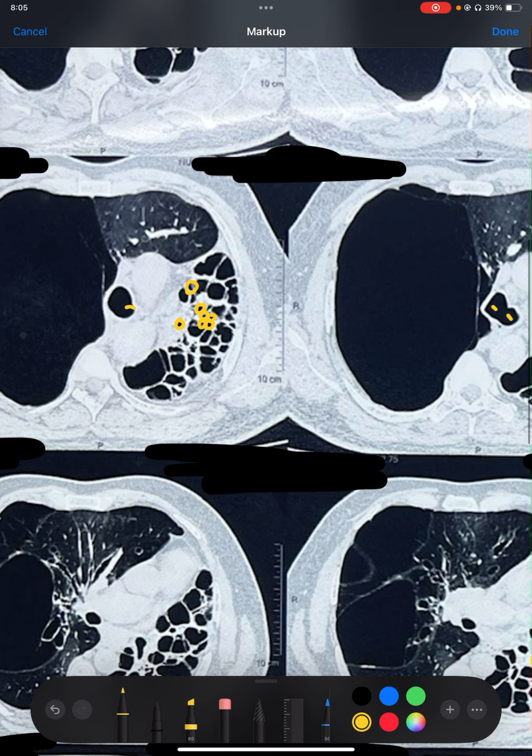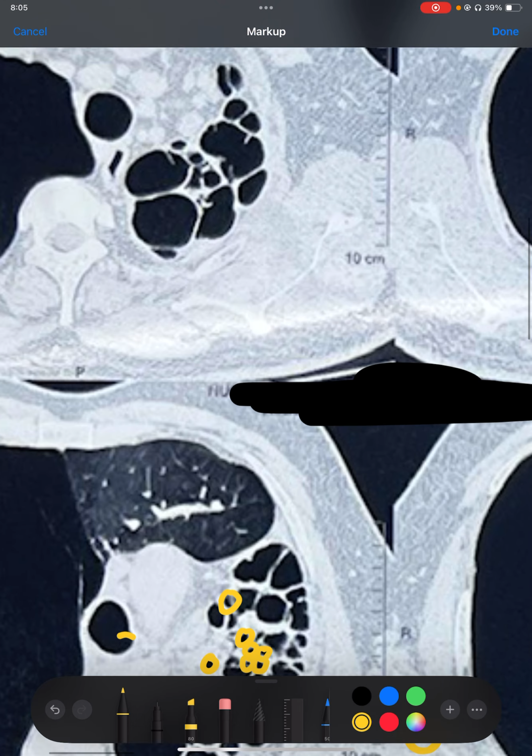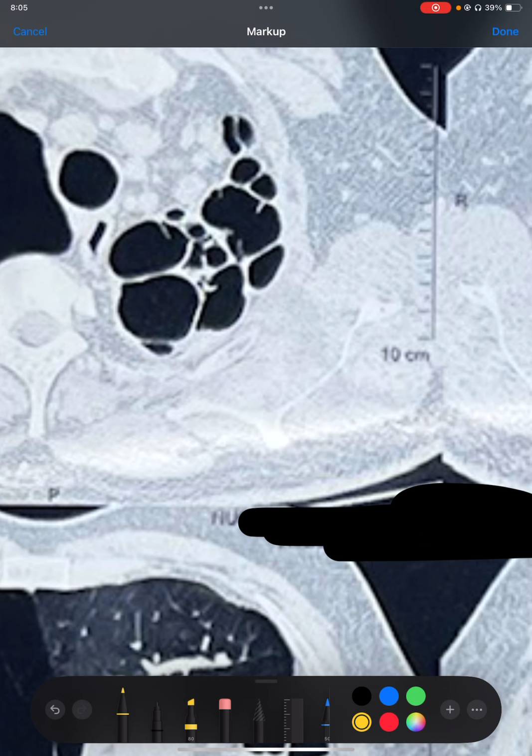They will be dense white, and they will have a thick wall. Whereas cystic lesions usually have a thinner wall compared to bronchiectatic lesions, and they will have a significantly larger area. So this is a very typical cystic lesion, whereas this is a bronchiectatic lesion.